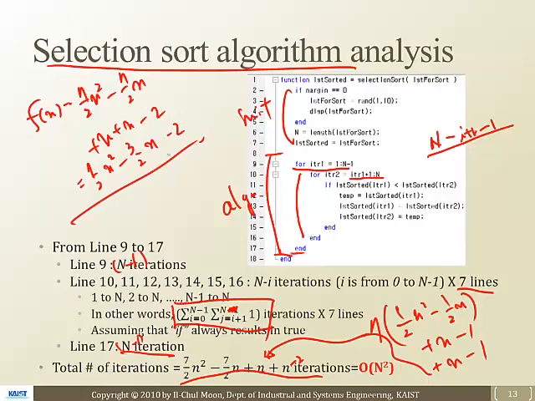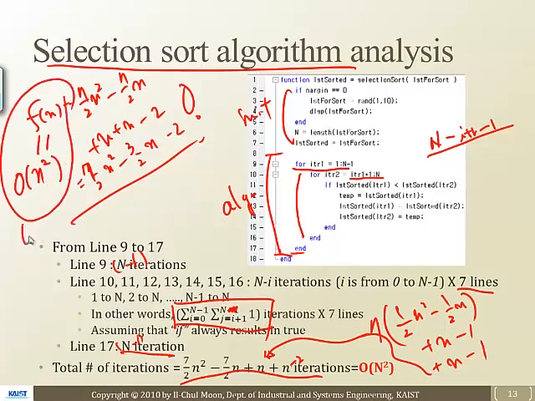We understand this f(n) part, but we say order of n squared, and we don't know about this part yet. So this is what we have to cover in the next couple of slides.